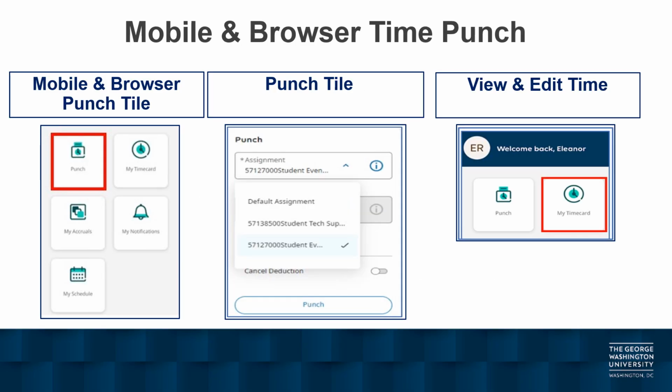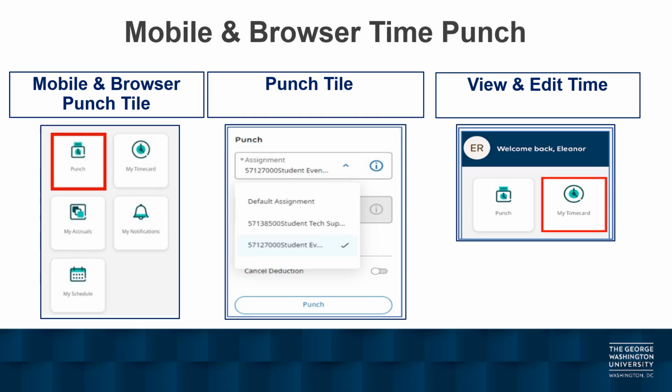Mobile and browser time punch. The punch tile can be found as a punch button on the mobile app or the browser interface. You will see a punch tile drop down. If you have more than one position, it will show you the position number and the job position name, and you can select the correct job.